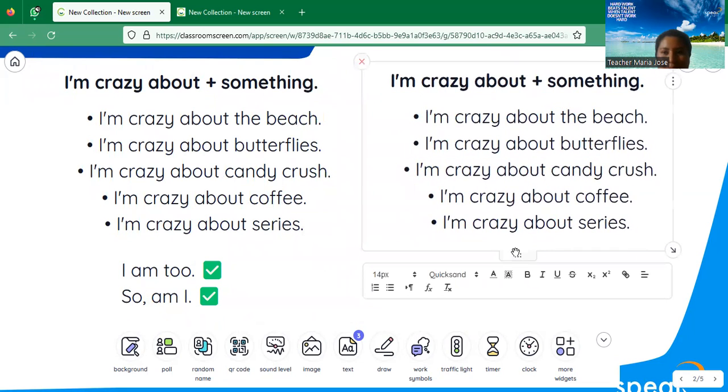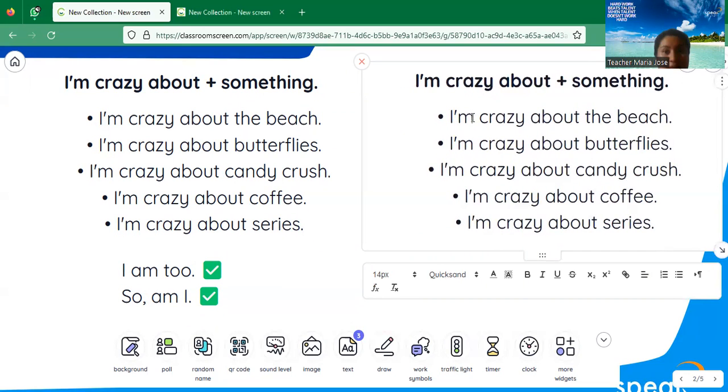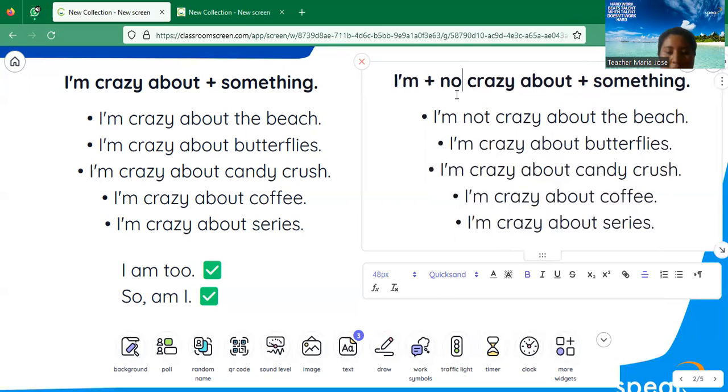How do I do it? I'm not crazy. Exactly. We just have to add the not. Excellent. So here I say plus not, and then we continue with the information, okay?